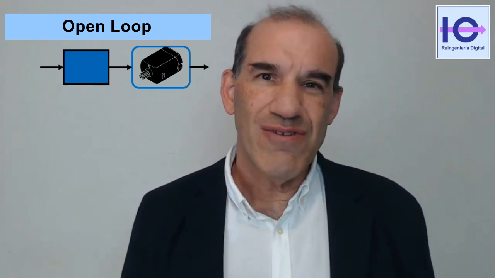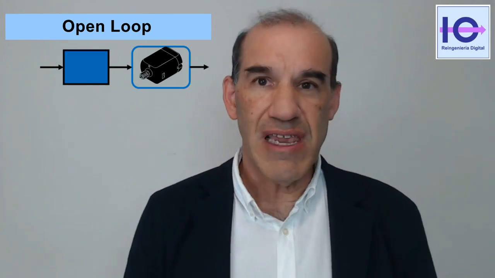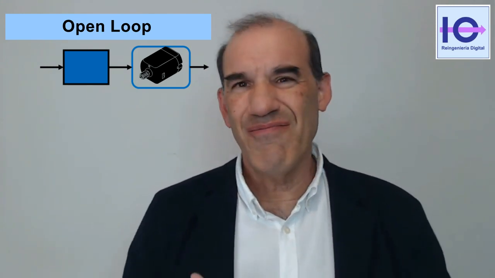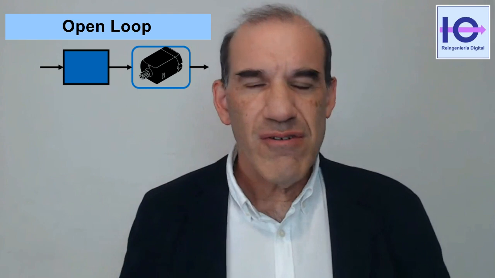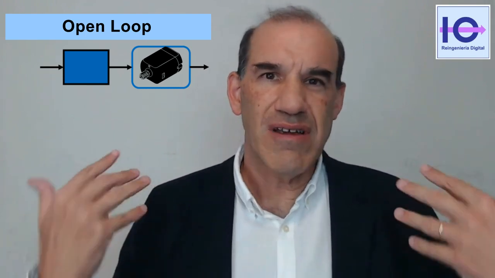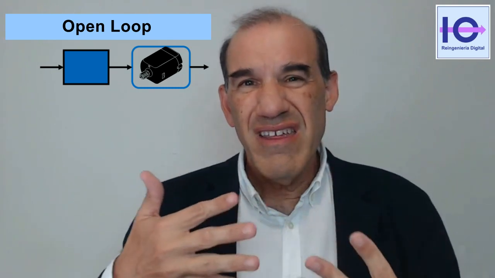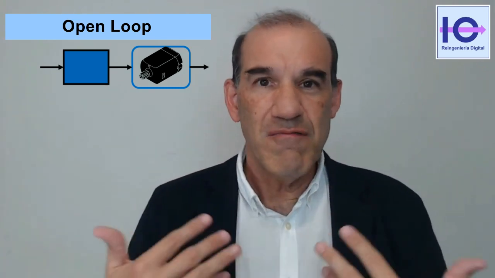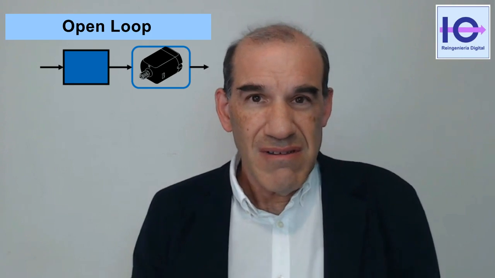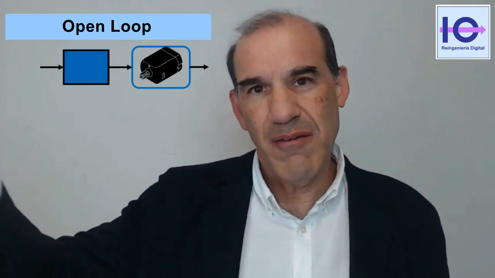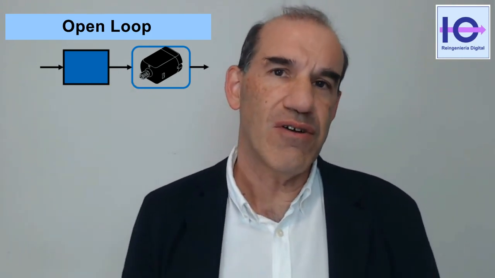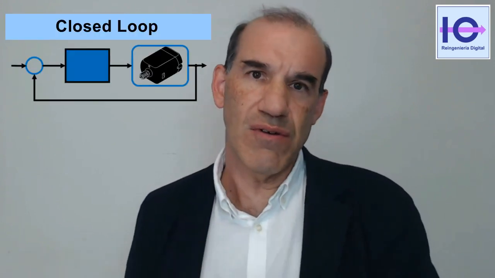But that's not what really happens usually in real life, because any error in your calculus, any misconception in your model, or any unexpected effect in the environment means that you don't achieve the position or the speed you're looking for. So usually in the theory of control, we apply what is called closed loop control.